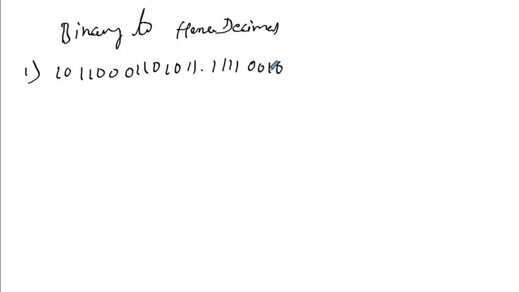Then 0 0 1 0. Okay, remember this while you are doing the grouping of 4 digits in hexadecimal. For the integer part you need to make the groups from right to left. For the fractional part you need to make the groups from left to right. Okay, remember this. This is a binary number.